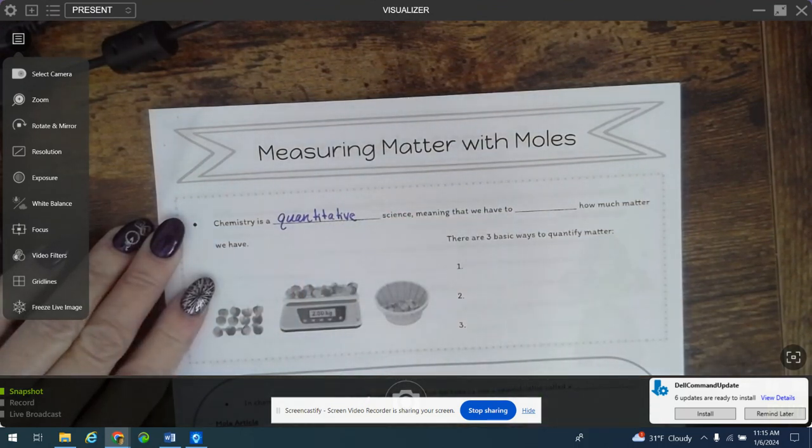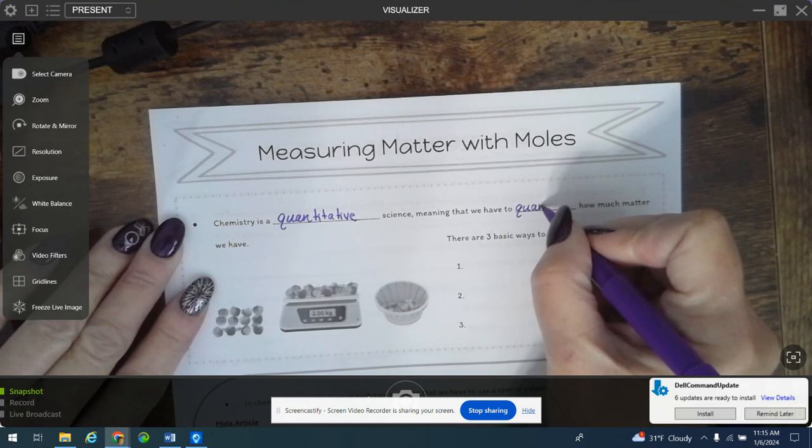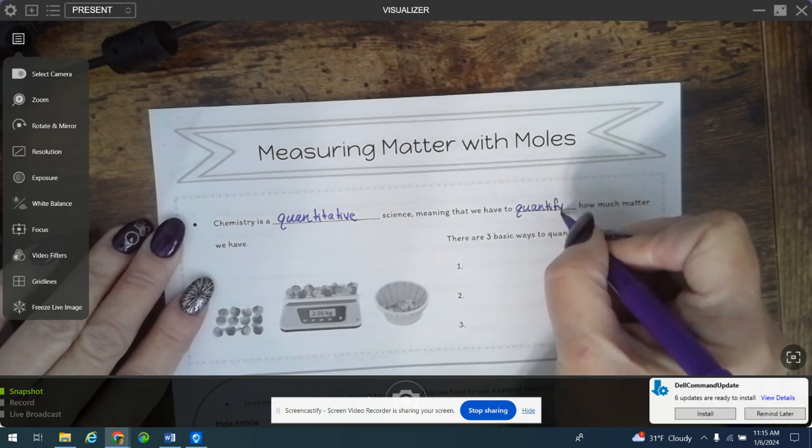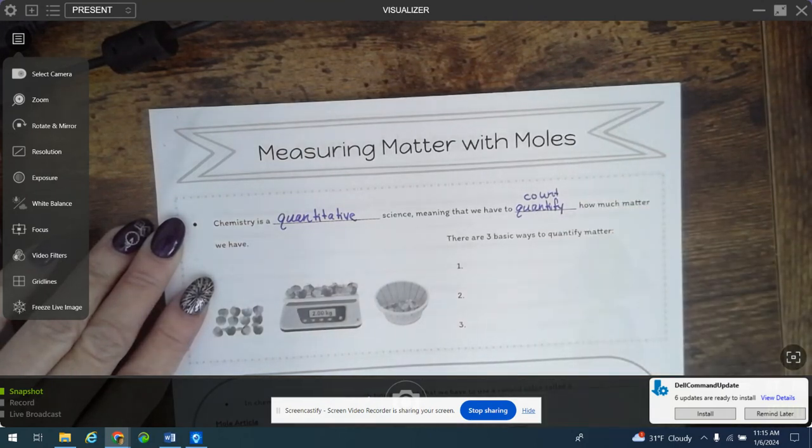And what that means is that we have to quantify or count how much matter we have. Okay, so chemistry is based on numbers. There's a lot of math to do with chemistry.